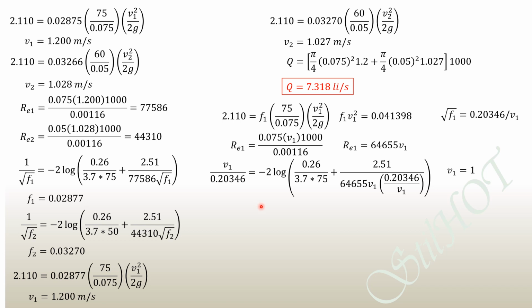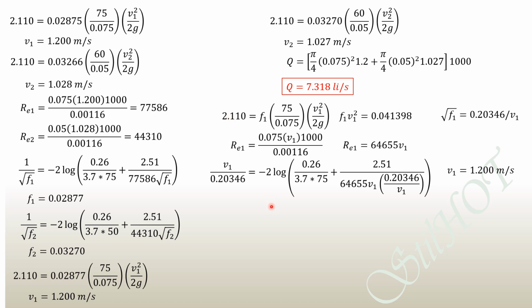So V sub 1 is equal to 1.200 meters per second, which is the same as before. And this is the final value because we use directly the Colebrook equation from this relation, which is accurate for the pipe friction loss.